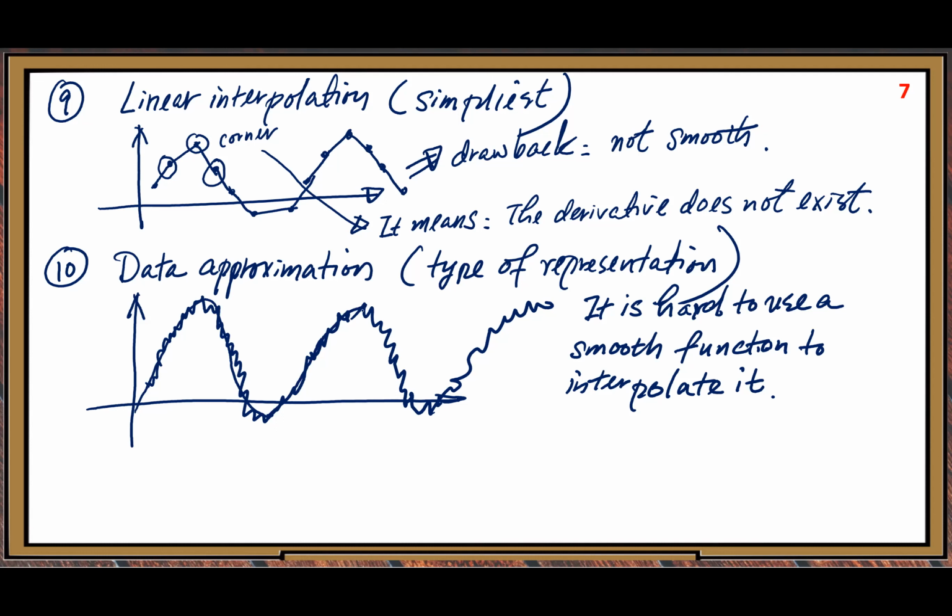We do not have to pass through all the data points. We use a smooth function to approximate the function, and we can make it very smooth. We just approximate the given data. So this is another type of representation.